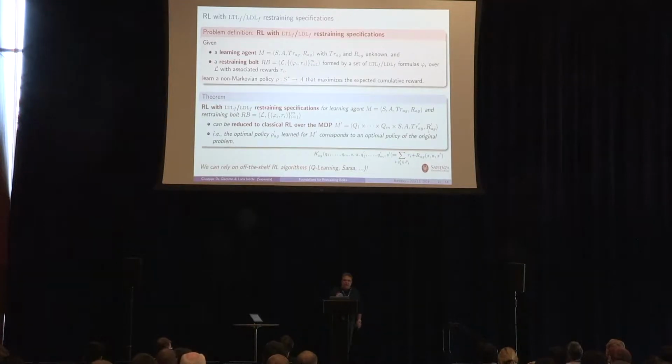So you can refine this theorem, saying that out of this problem you can get an MDP with unknown transition and reward, over a larger state space that is the state of the original MDP plus the set of possible states of the automaton corresponding to the formula.